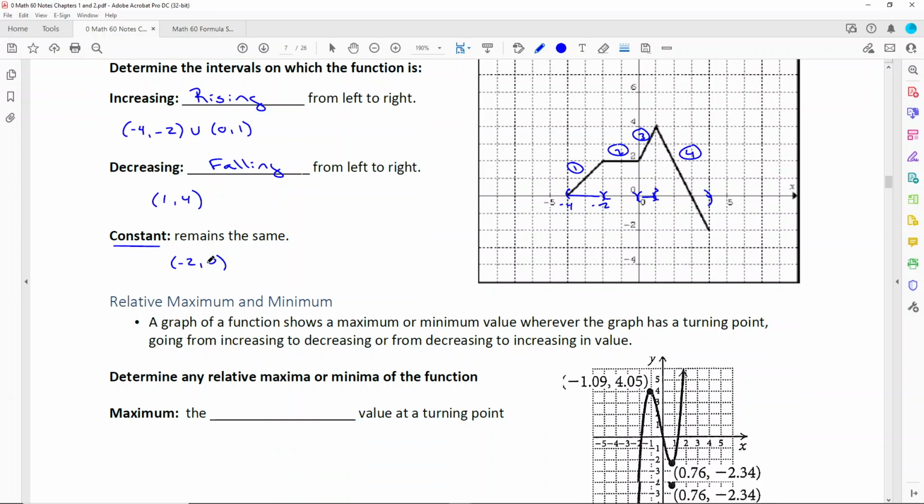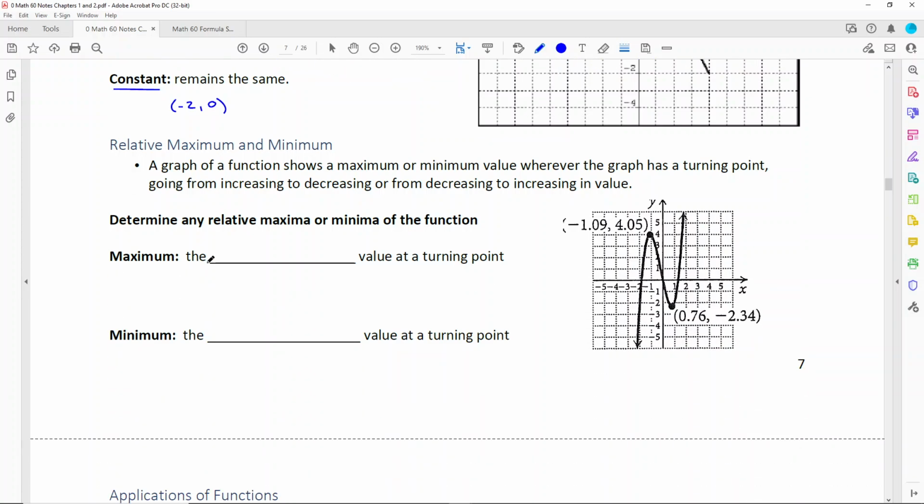The next couple words are relative max or min. So this textbook talks about there being relative maxes or mins. What it is, it's anywhere your graph has a turning point. So something where it's changing from rising to falling or falling to rising, you are getting a turning point, really.